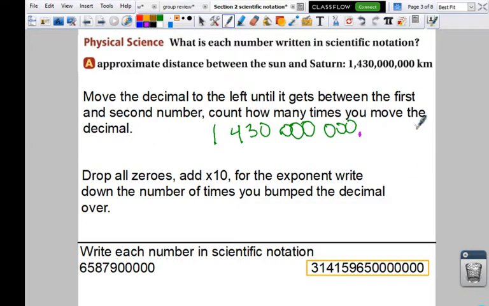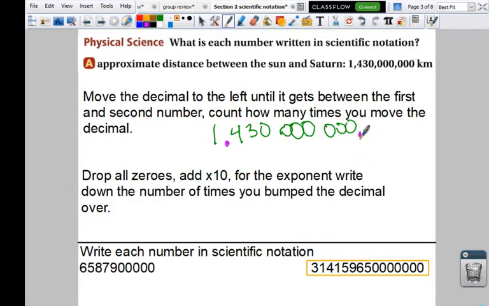What I'm going to do is move my decimal left until it gets between the first and second number, and I'm going to count how many times I moved it. I want to put the decimal right here between the first two digits, and I just need to count the spaces in between.